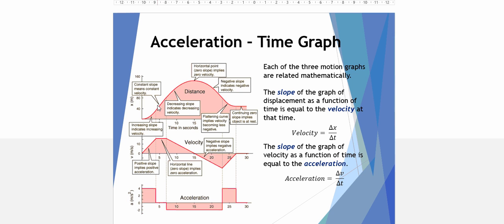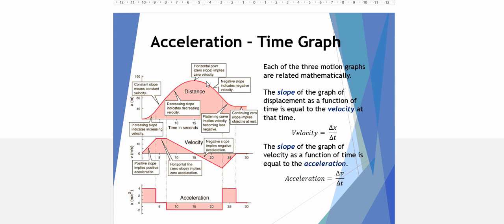At this point where the gradient is the steepest, we find we have the highest velocity. Here you've got a constant gradient, so here you have a constant velocity. Here we have a negative gradient and so my velocity is negative. At this point where I've got a 0 gradient, my velocity is 0.